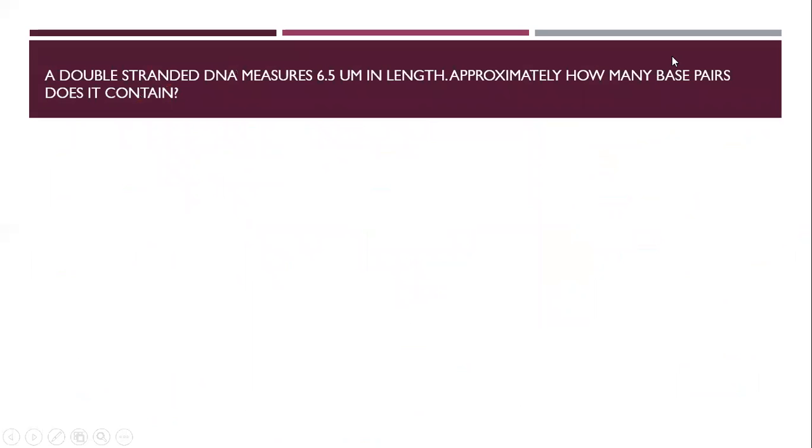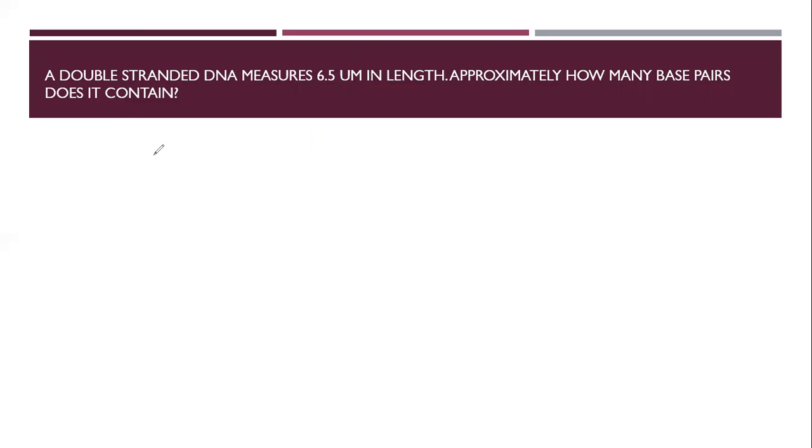A double-stranded DNA measures 6.5 micrometer in length. Approximately how many base pairs does it contain? This is very simple. Who can tell me the answer? So what is the distance between two nucleotides? 3.4 angstrom.